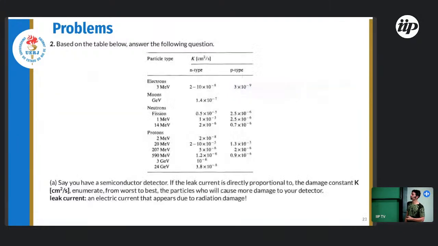Then the second problem is based on the aging of silicon detectors, because as I said, we have a huge number of particles, huge amounts of radiation, and then these detectors will suffer. So I ask you to calculate and enumerate which will suffer more depending on the radiation that you are applying on these detectors.